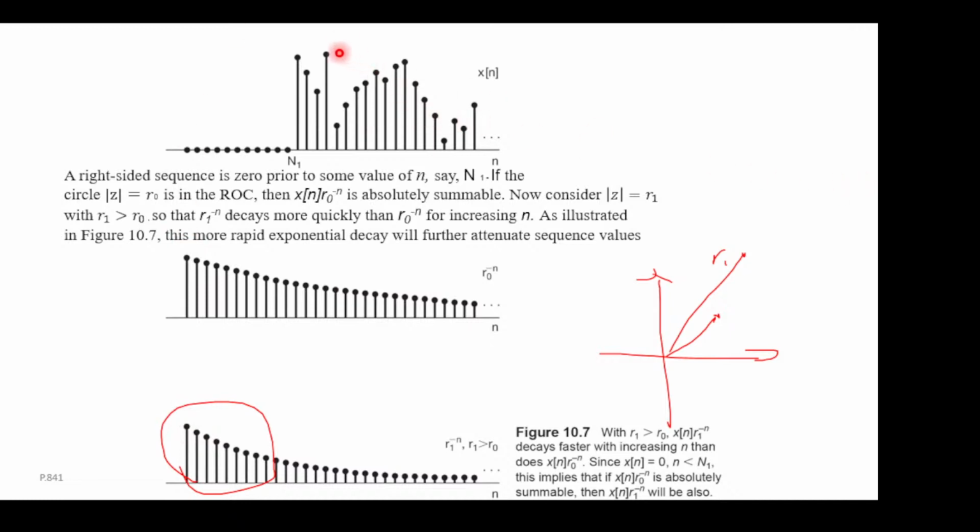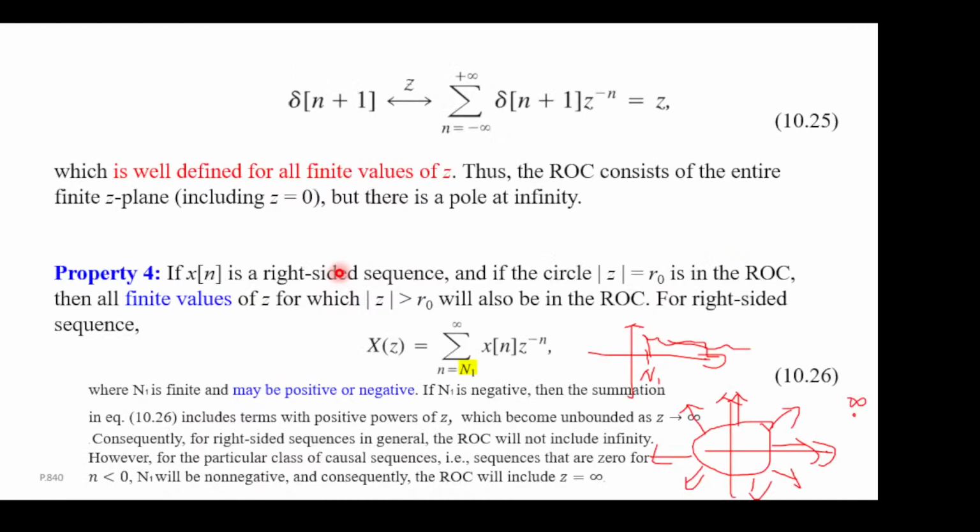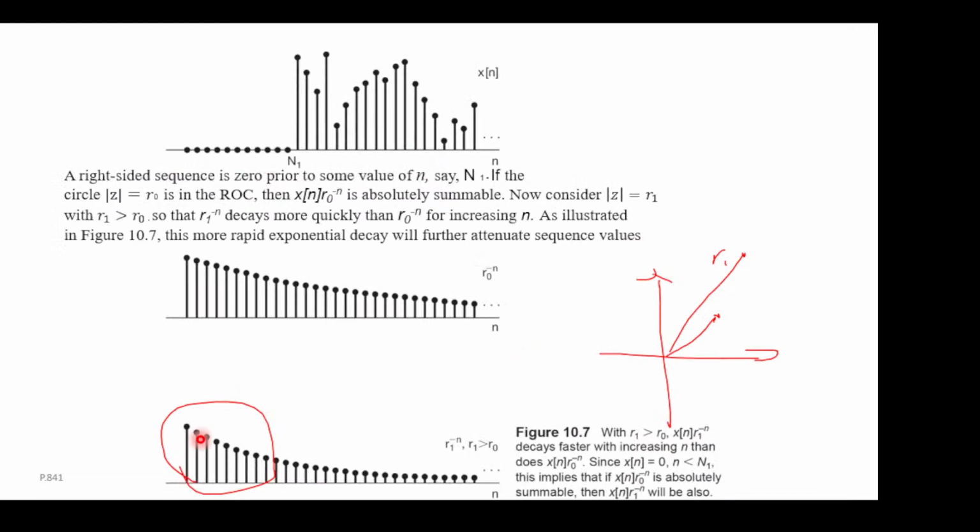But as we said, if your z goes to infinity, it might become not absolutely summable anymore. That's because of the starting point: as you get a bigger and bigger r, the starting point can get higher and higher if your n1 is less than 0.